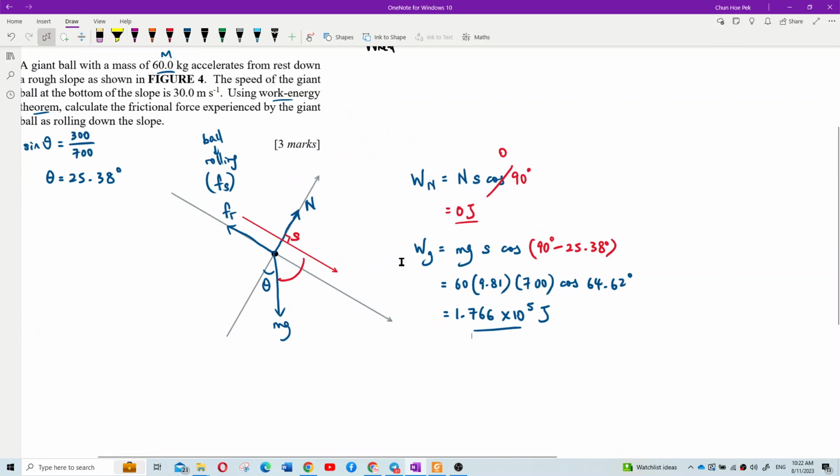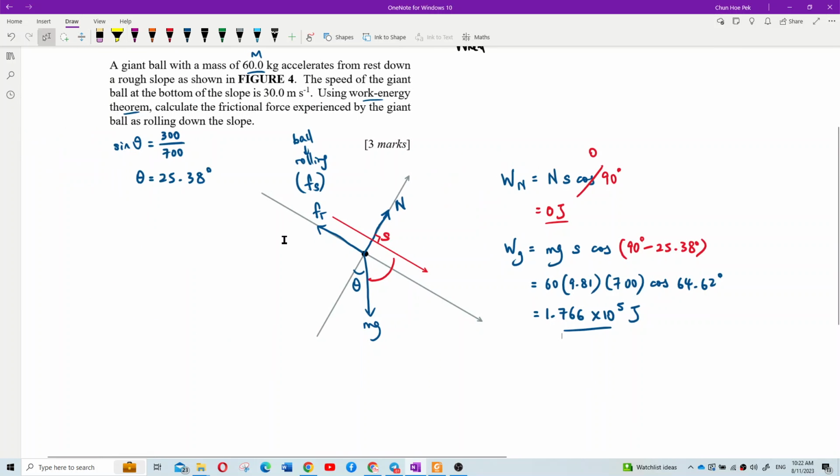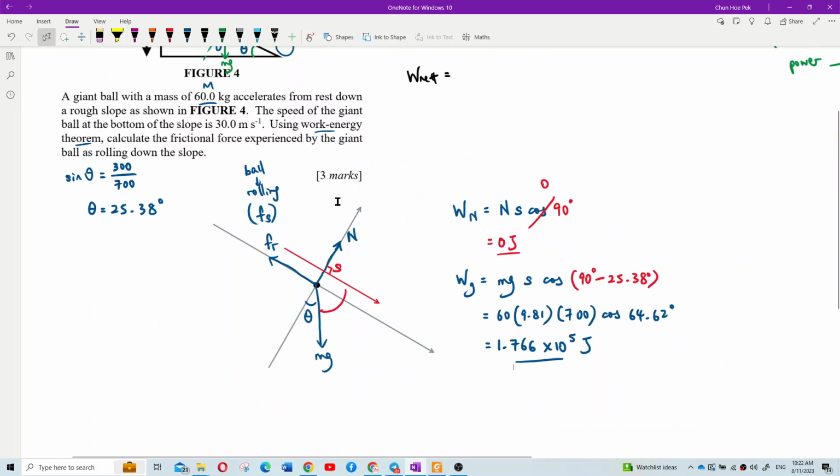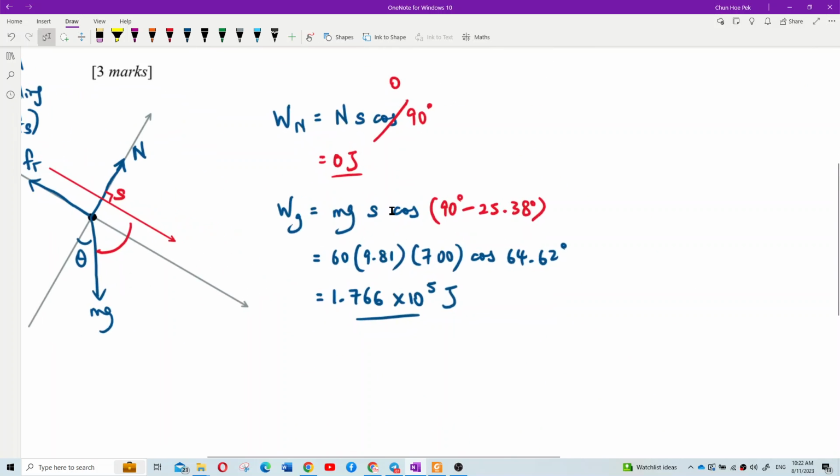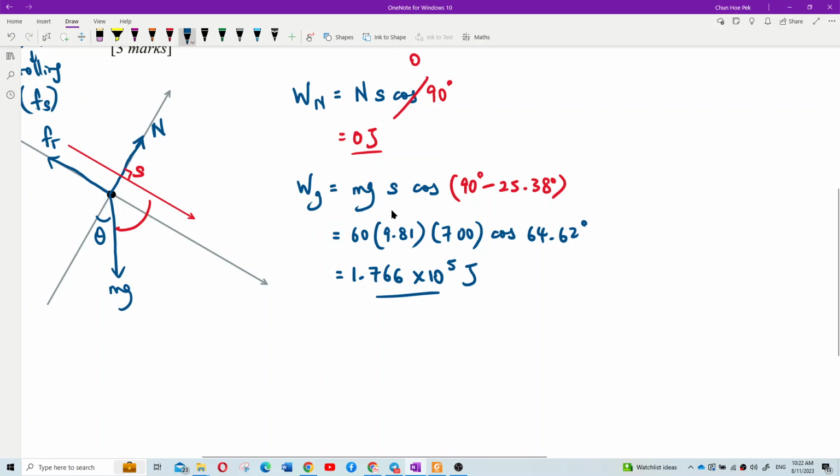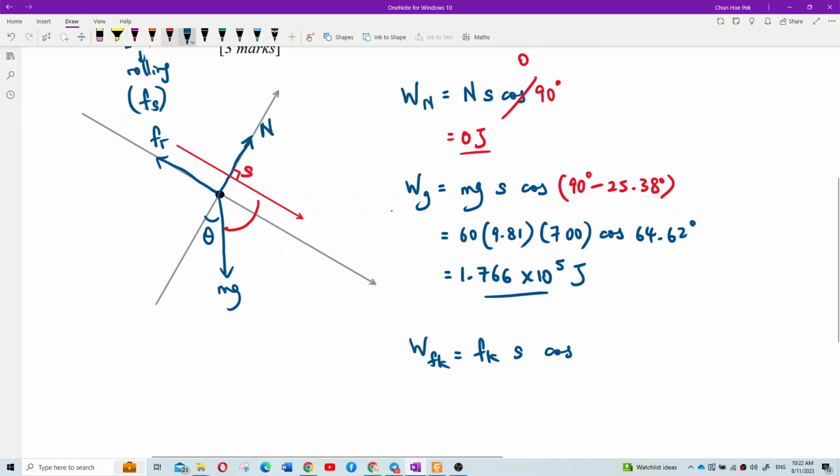Okay, how about the friction? Yeah, I don't know the friction, right? Work done by friction is friction, S, cosine. What's the angle, class? 180, isn't it? So it's -1, so it is negative.